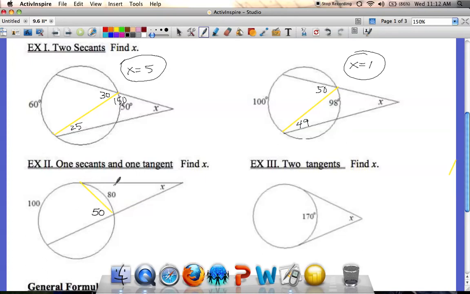This angle is formed between a secant or chord and a tangent, so this has a 40-degree answer. So this is exterior 40. 50 is exterior of this triangle, so 40 plus 10 has to be 50. Or again, you can think about this as 130 degrees. How do we get to 180? X must be 10.